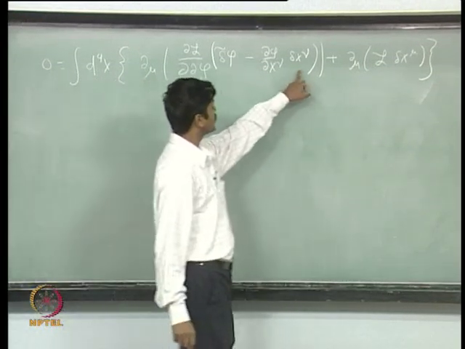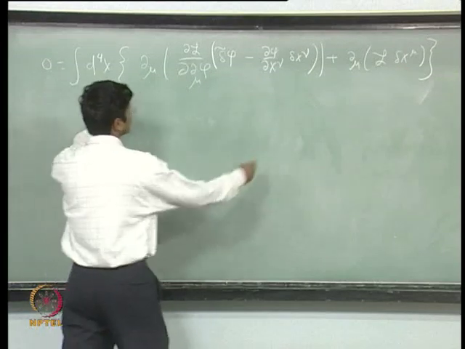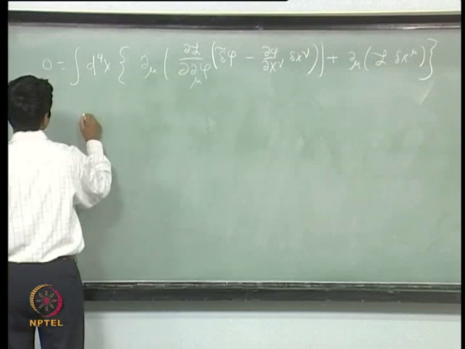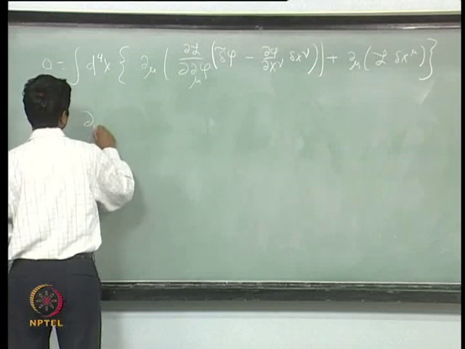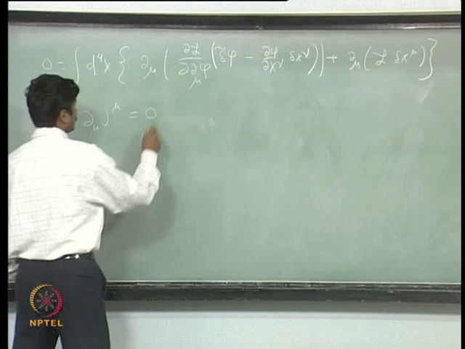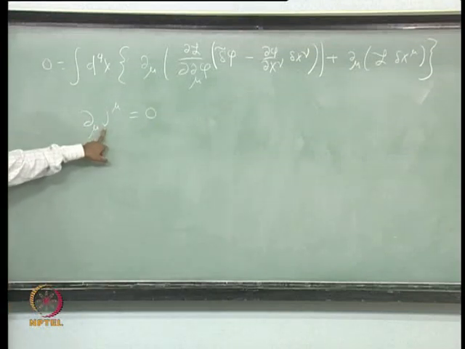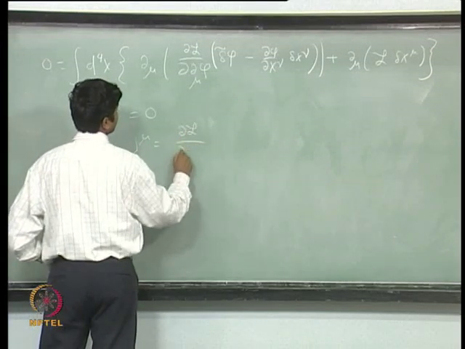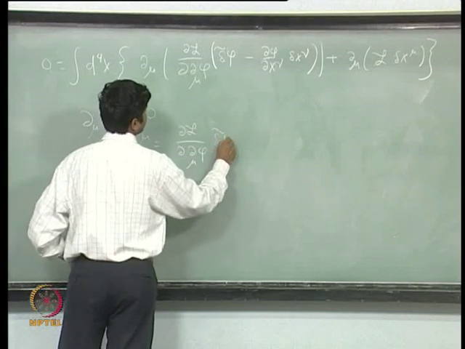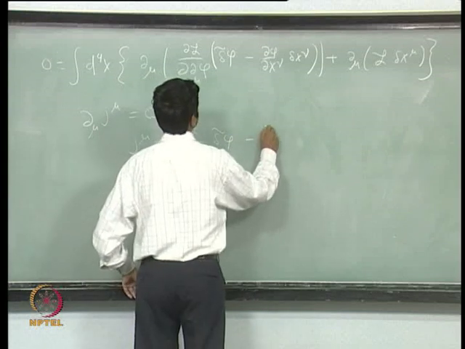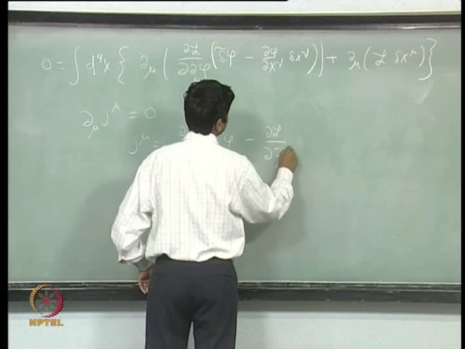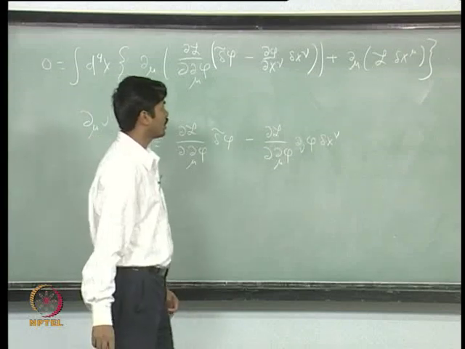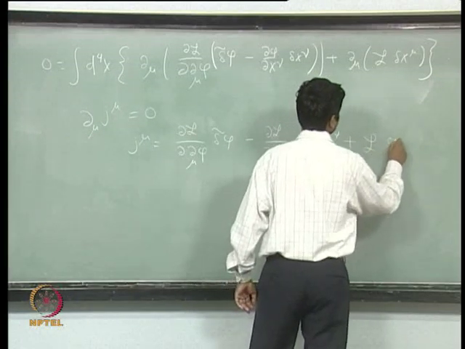Now, since these variations are arbitrary infinitesimal variations, the integrand has to be equal to 0, and hence we again get a conservation law, ∂_μ j^μ = 0, where the conserved quantity j^μ is given by ∂L/∂(∂_μ φ) δ̃φ − ∂L/∂(∂_μ φ) ∂_ν φ δx^ν + L δx^μ.